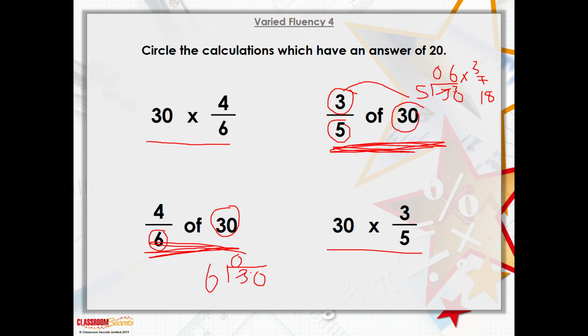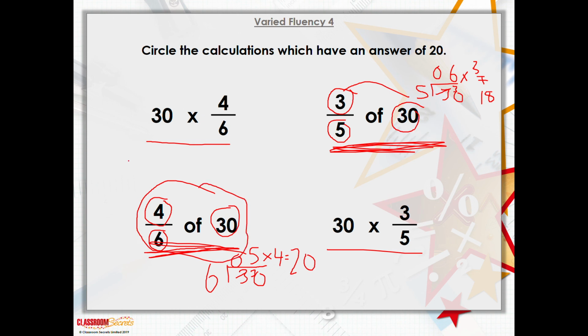I need to exchange my 3 10s to make 30 1s, and 6 into 30 goes 5. Now I need to multiply by my numerator. 5 times by 4 equals 20. So I do have an answer straight away on my second question that matches 20. So I'm going to circle that.